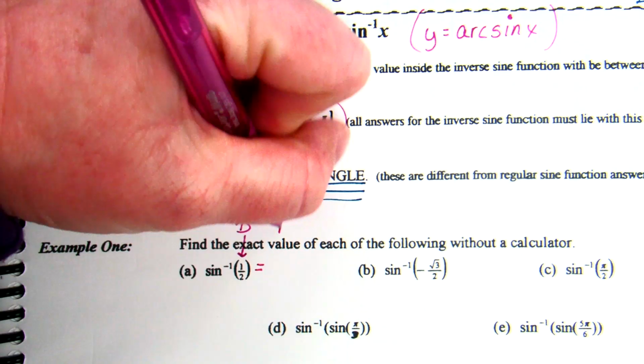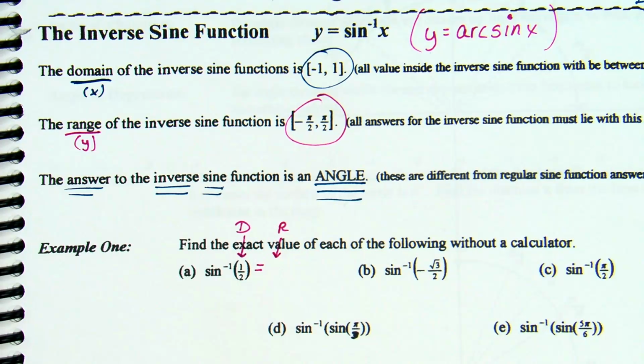Our output is going to be our range. How I would ask myself this is, when does sine equal 1/2? At 30 degrees. How do you know that?